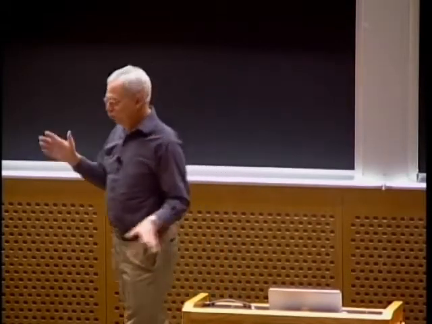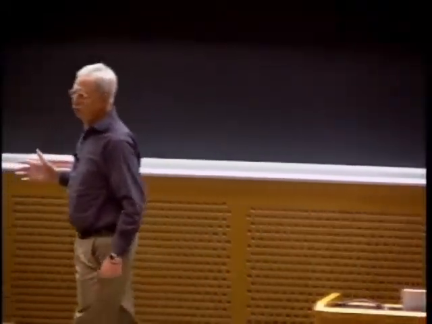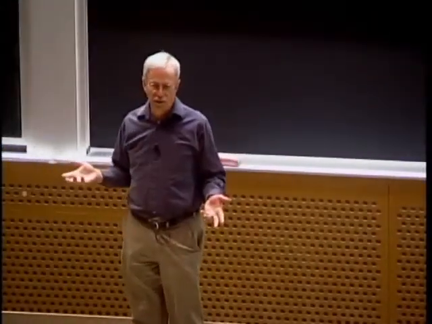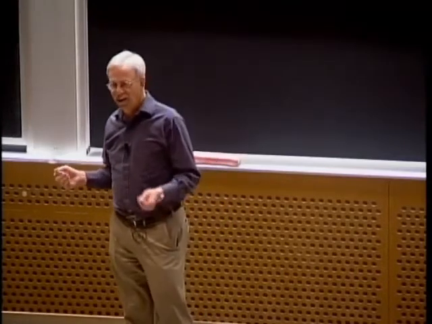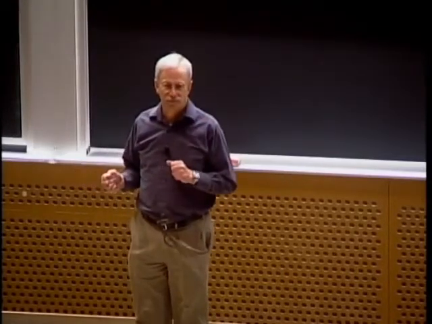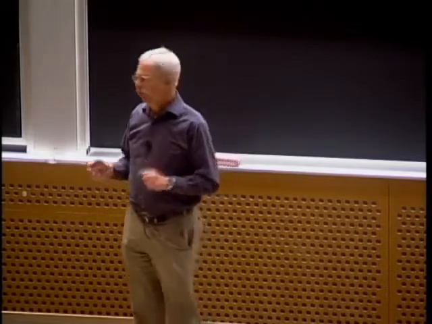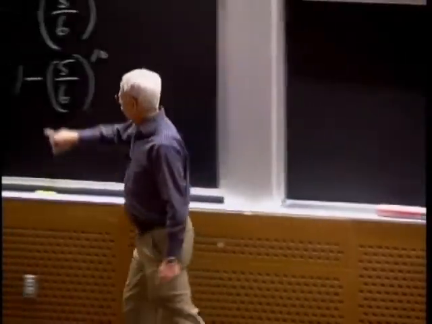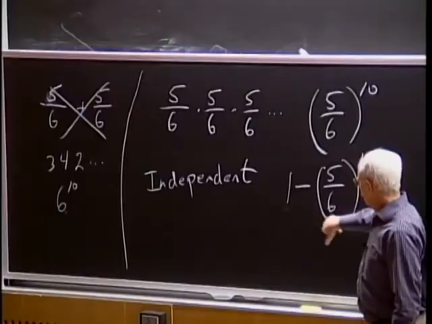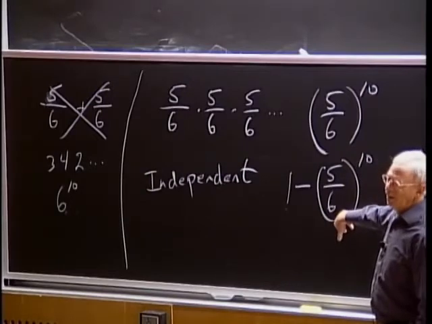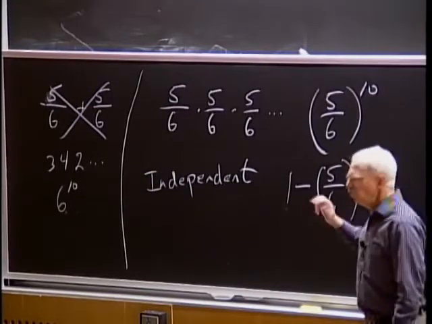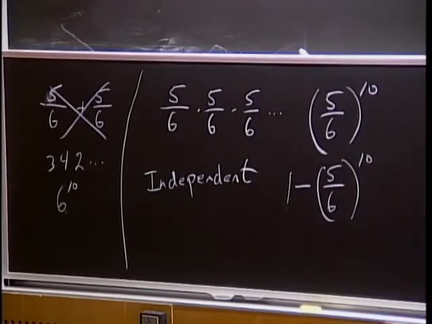And so now there are only 2 possibilities here. One possibility is I don't get any 1s. One possibility is I get at least 1 1. So if I take all of the possibilities and I subtract the possibilities of not getting any 1s, the result must be the probability of getting at least 1 1.